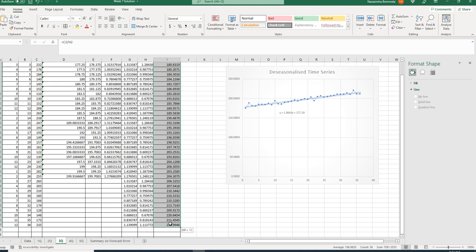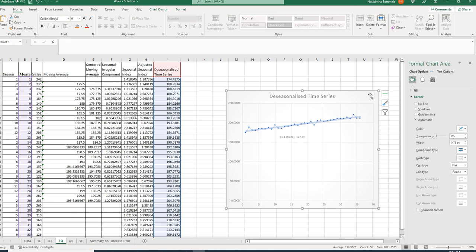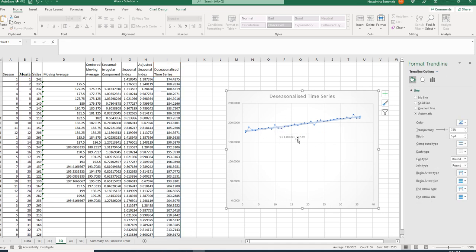By using this time series, we will be creating a regression equation, or by calculating the trend line of this value, it is possible to identify a regression equation. Usually we develop it by using the scatter plot. We will be creating this graph, and using the trend line we can identify the regression equation.